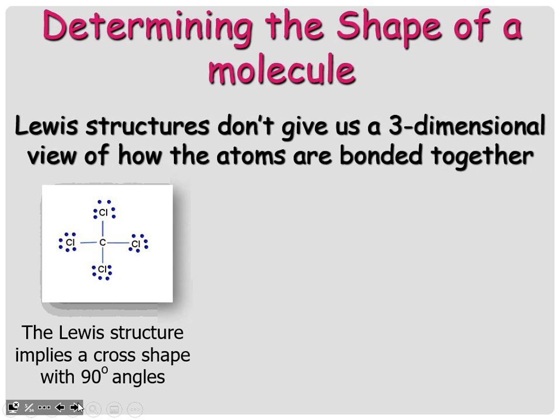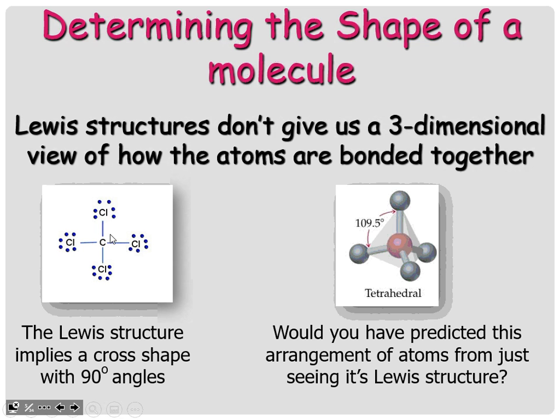So what looks like this looks like 90 degrees. As I look at my bonding angles, it looks like 90 degrees right here, and up here. All of them look like they're 90 degrees. However, this shape is what we actually call tetrahedral.